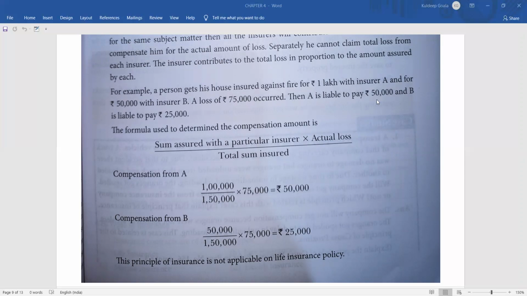Then A is liable to pay, if a loss of 75,000 has occurred, the first insurer will pay 50,000 and the second insurer will pay 25,000.